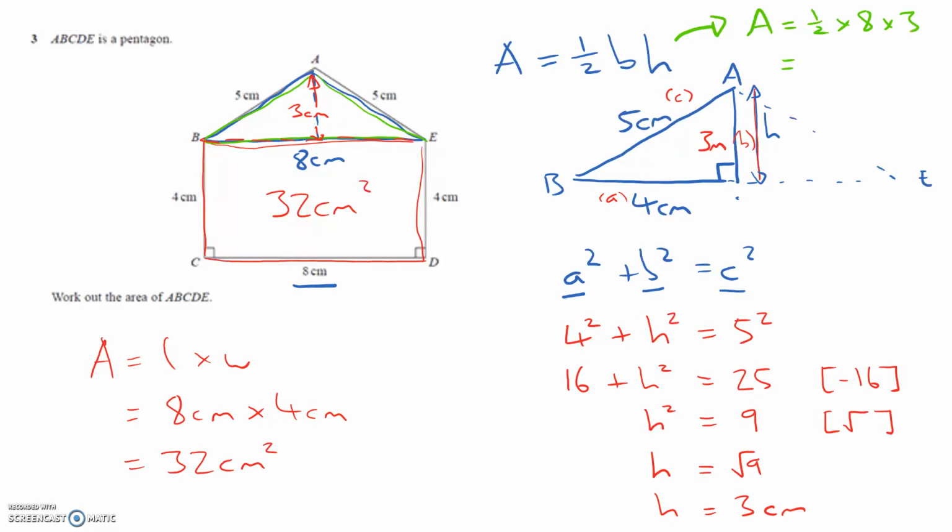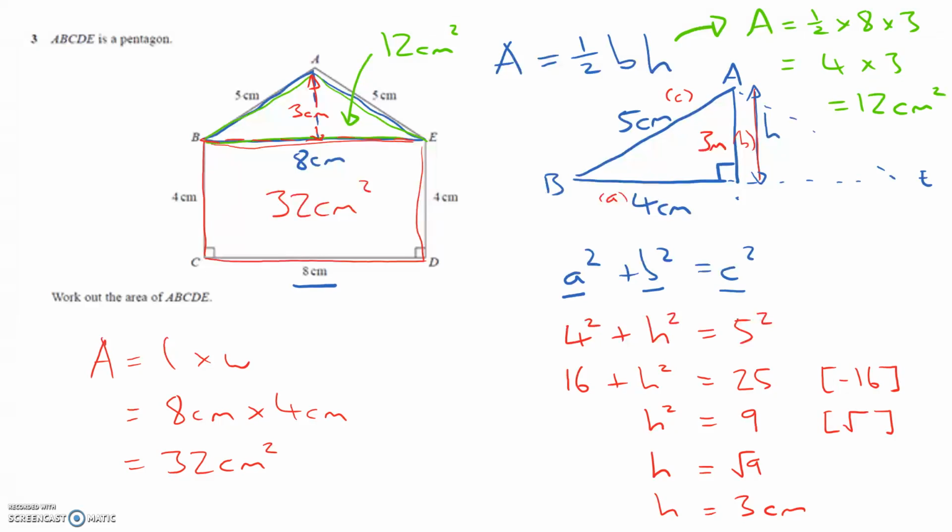So the area of the triangle is half times 8, which is 4, times 3, which is 12 square centimetres. Again, it's an area, so square centimetres is our unit. Okay, so we know this area is 12 square centimetres.